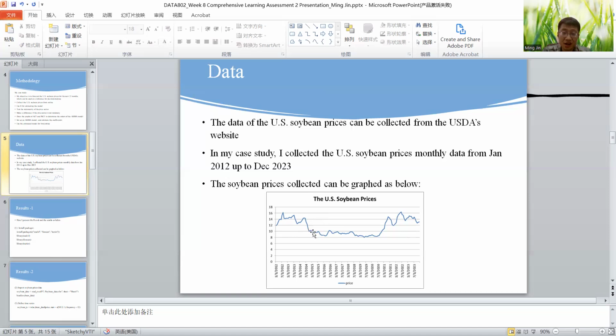Starting from about January 2015, it kept decreasing slowly until July 2020. Then it rose again, peaked again, and maintained a relatively high level. So that was the trend of the soybean prices in the United States.